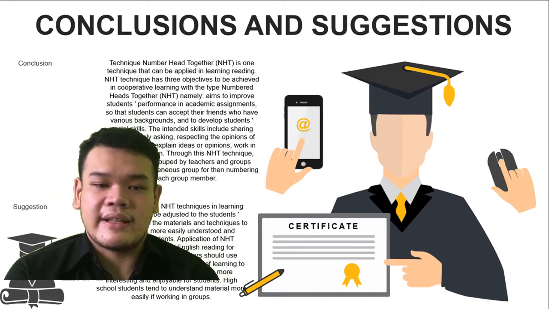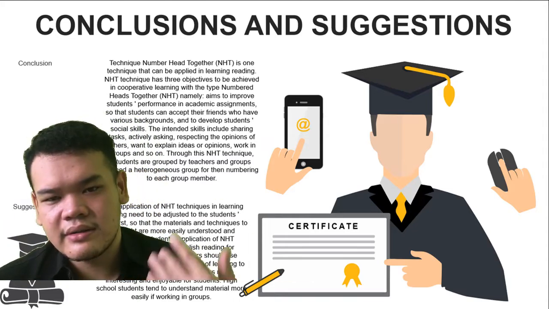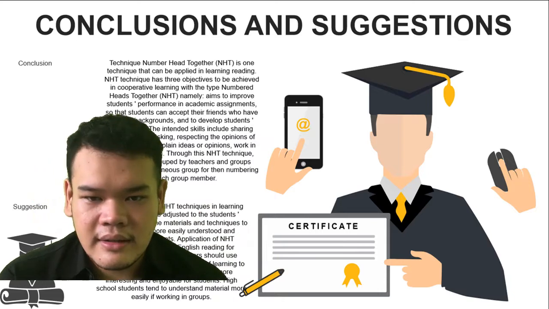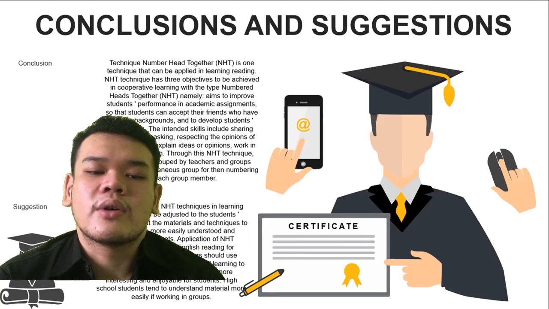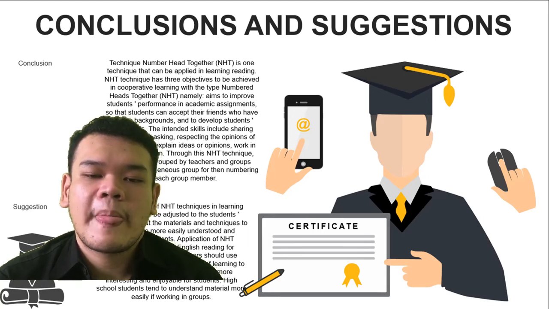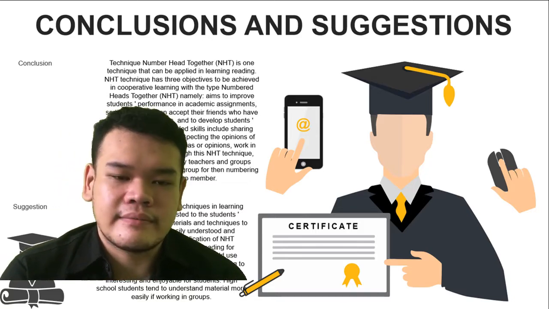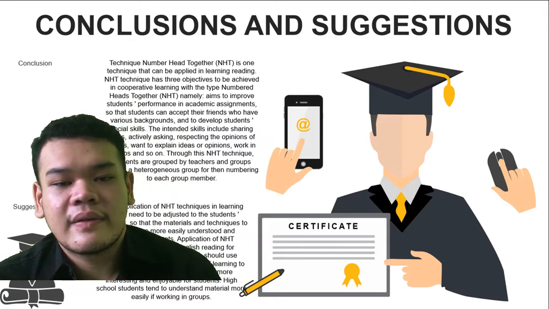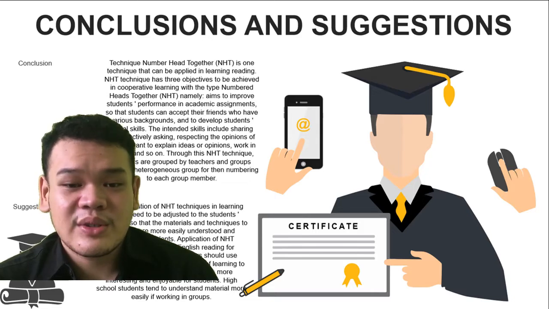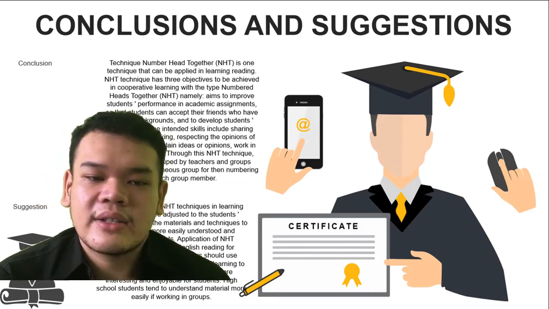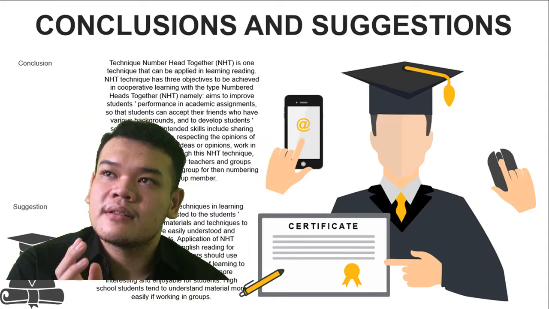In the application of number head together techniques in learning English reading for senior high school students, teachers should use learning media so that the process of learning and teaching with this technique becomes more interesting and enjoyable. High school students tend to understand material more easily if working in groups.